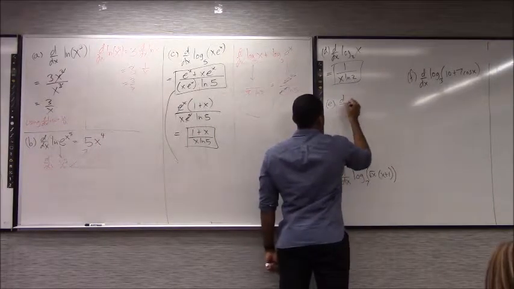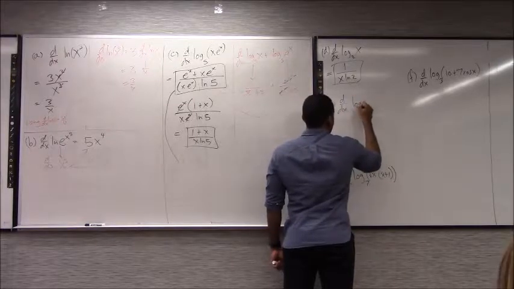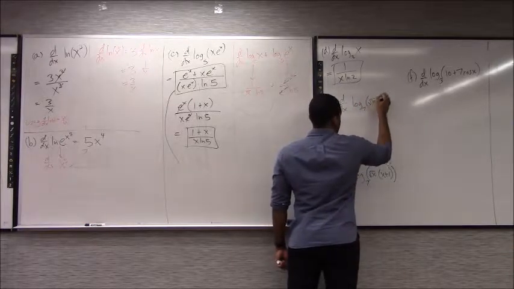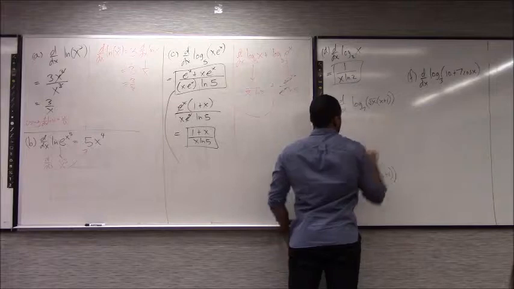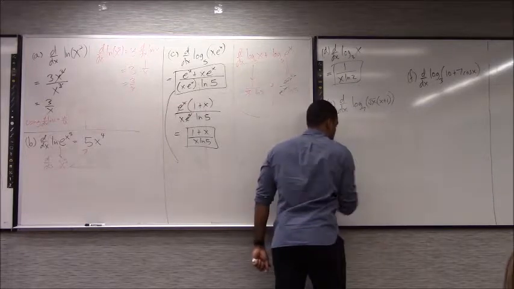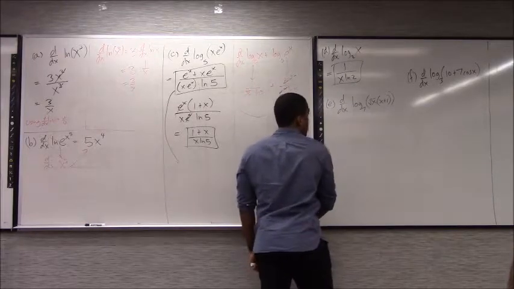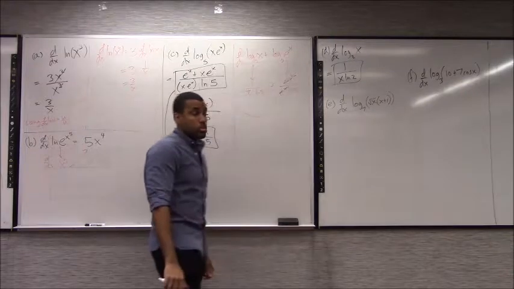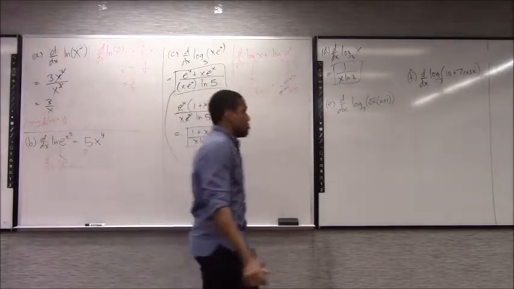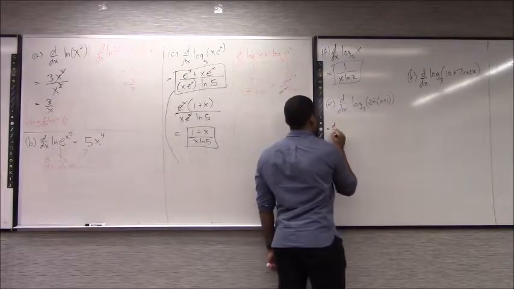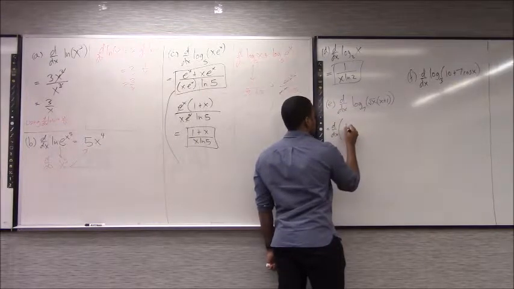Breezing through these. Log to the base 7. So if we blast that with a couple of log properties, you can expand it out to 1/2 log 7 of x.